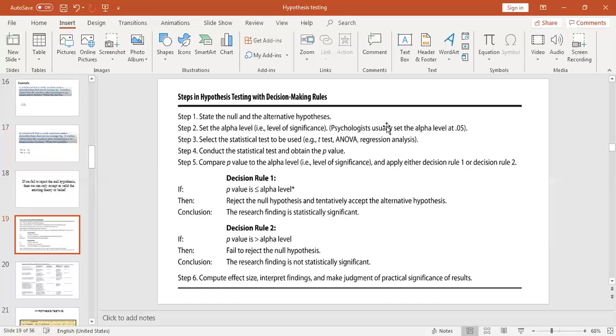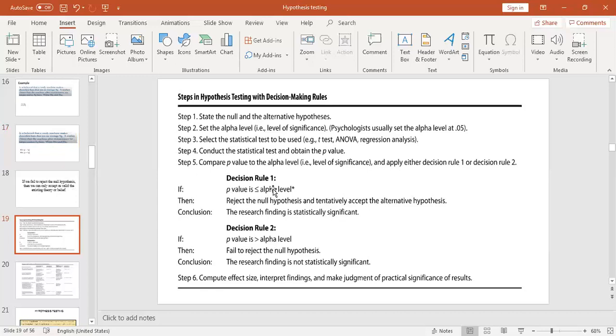Then it is said to compare the p-value to the alpha level. In decision rule 1 and decision rule 2, they have derived the results, they have rejected or accepted the null hypothesis, based on the p-value.